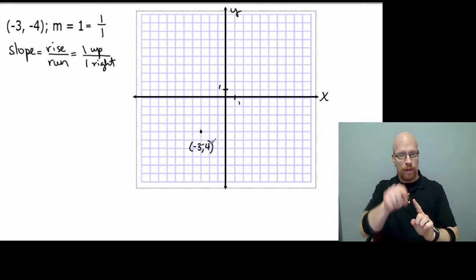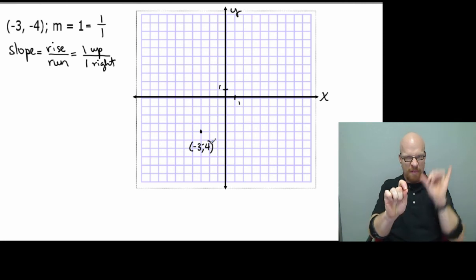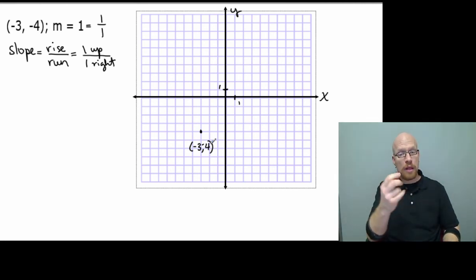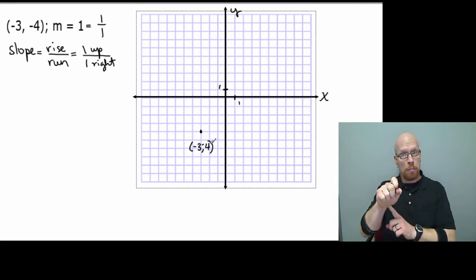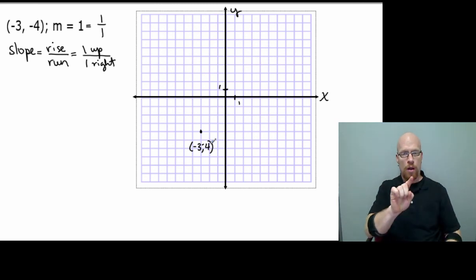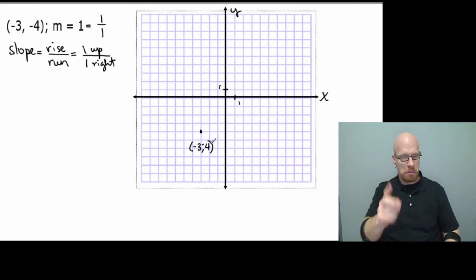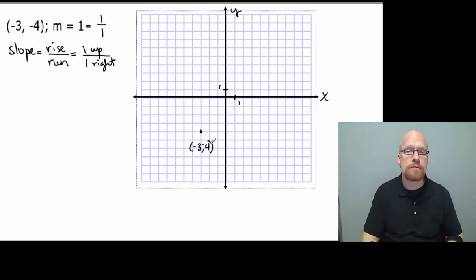So here we have our point, -3 comma -4. That's our location. Now the slope, again, is our direction, where to go. We're going to go up 1 over 1, up 1 over 1. You see what it looks like here.